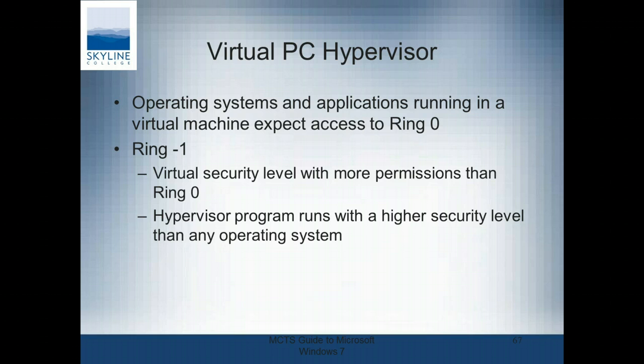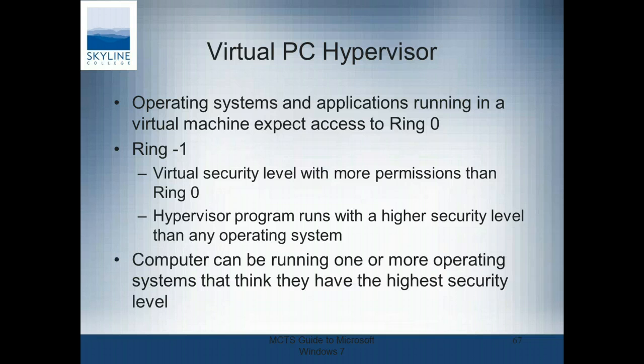These rings go back to mainframes. Ring 0, virtually expects ring 0. Ring 1 is virtual security with fewer permissions than ring 0, so how much access it gets is what we're really talking about in these different rings.